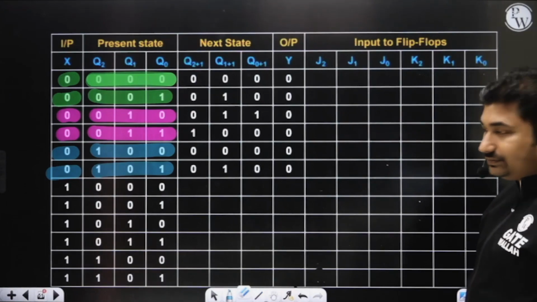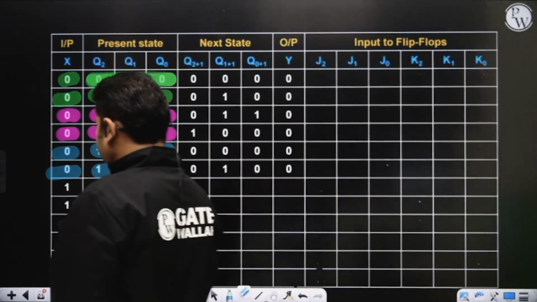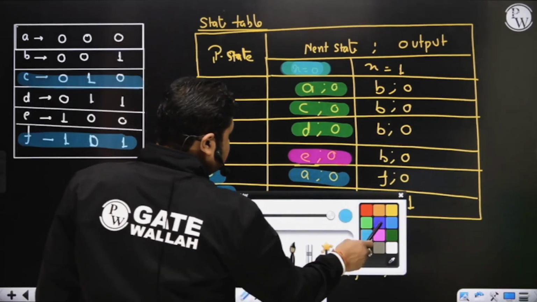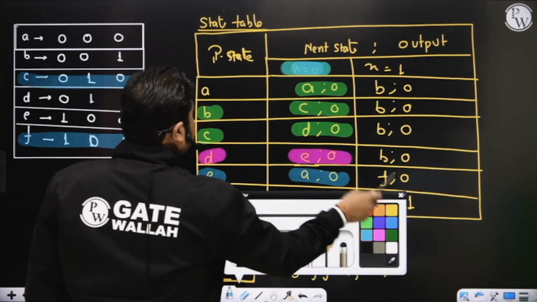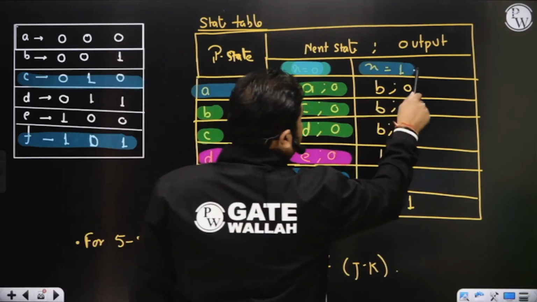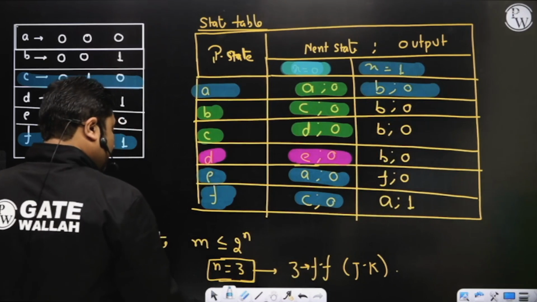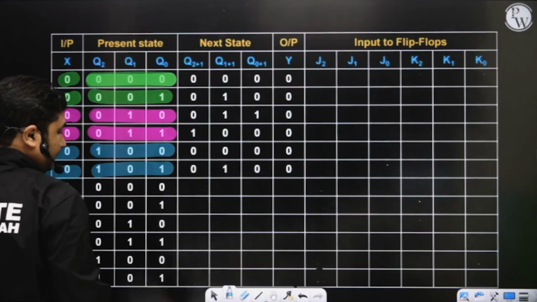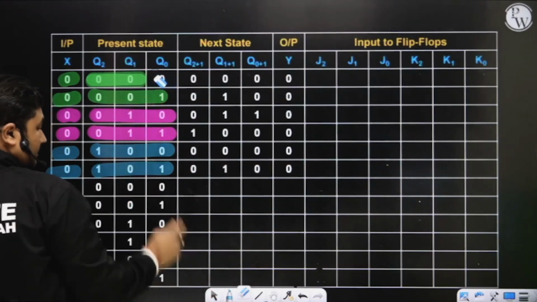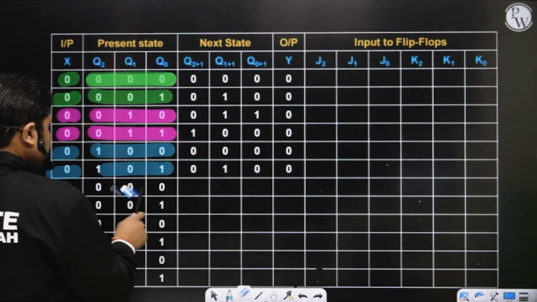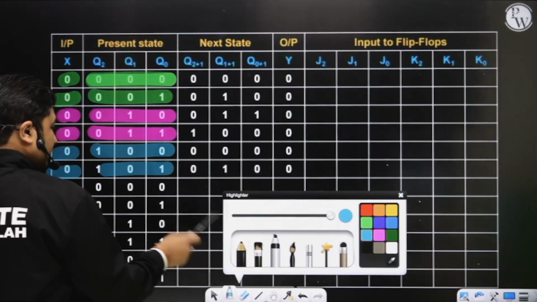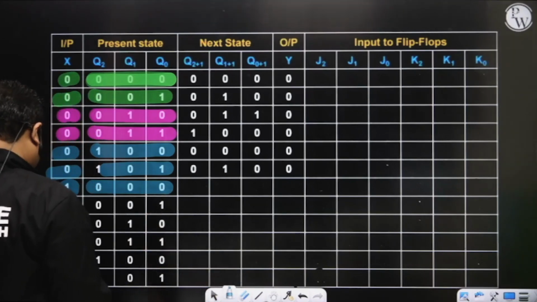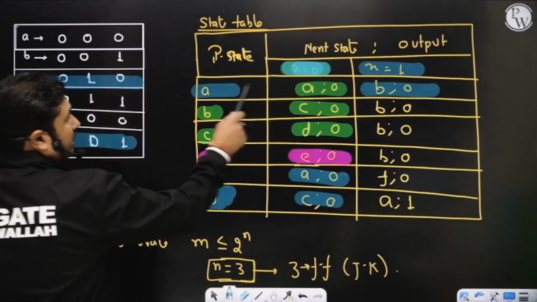Again observe. Next, if present state is A and x is equal to 1, the next state is B, output 0.